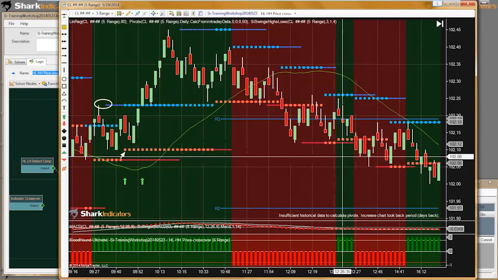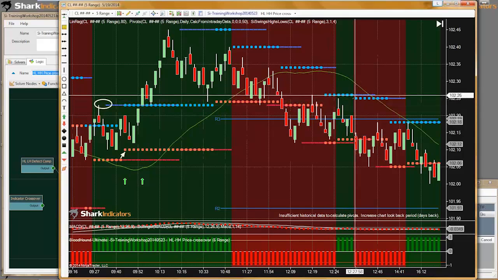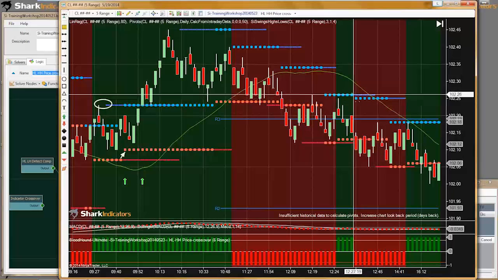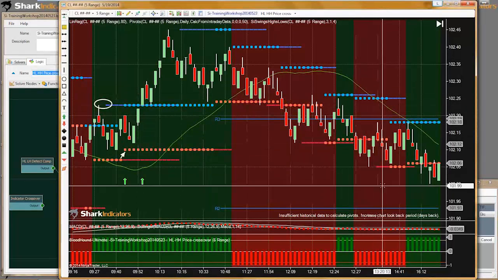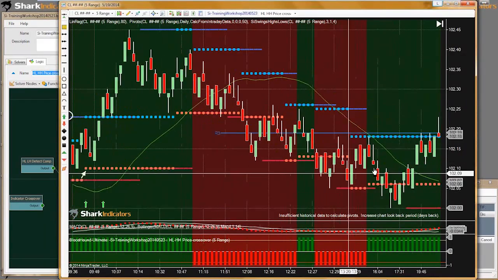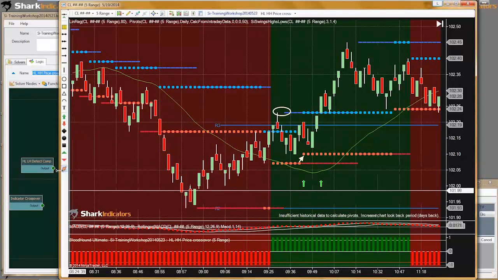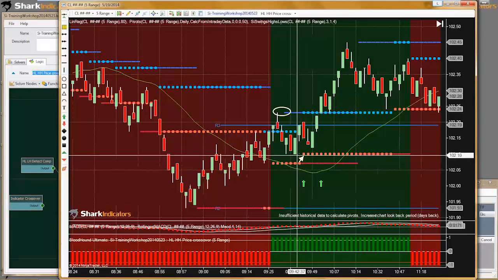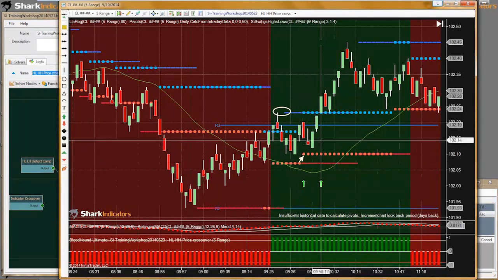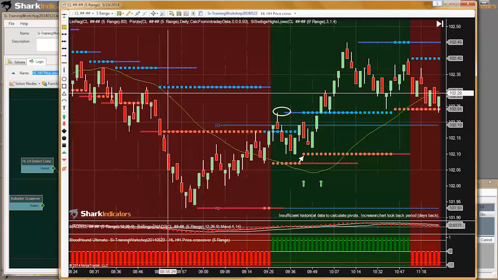So we got a few bars of this little tiny step up, and then once again we got our lower highs happening again, right? So the toggle node, right, is telling us when our higher lows are happening or when our lower highs are happening.